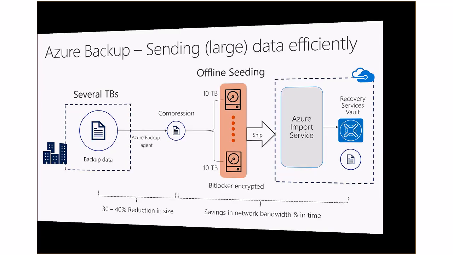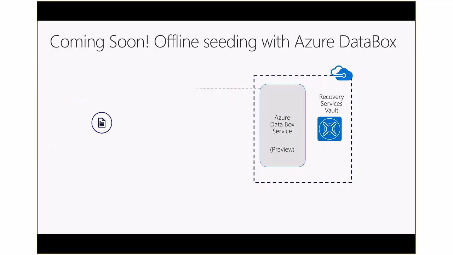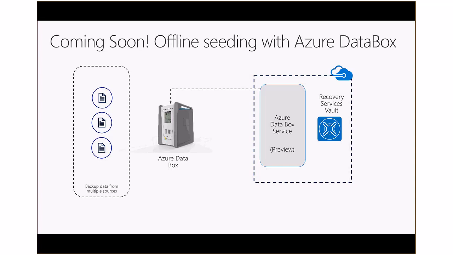Microsoft made a very interesting announcement last week, and this is using a solution called Azure Data Box. There's another vendor that I will remain unnamed that has somewhat of a similar solution. This allows us to take a box that Microsoft ships to you, and you can actually back up content from multiple sources up to 100 TB to this device, and then you ship that back to Microsoft and they take it in.